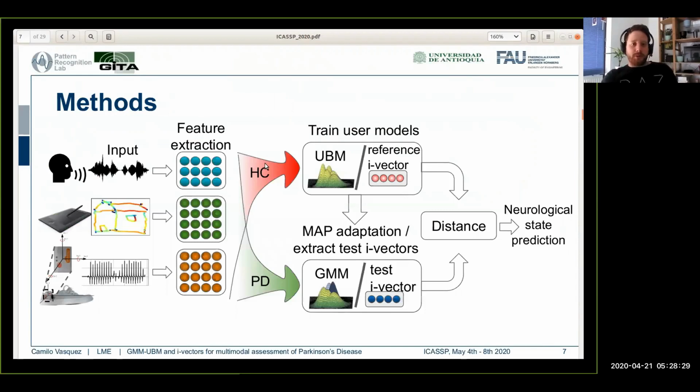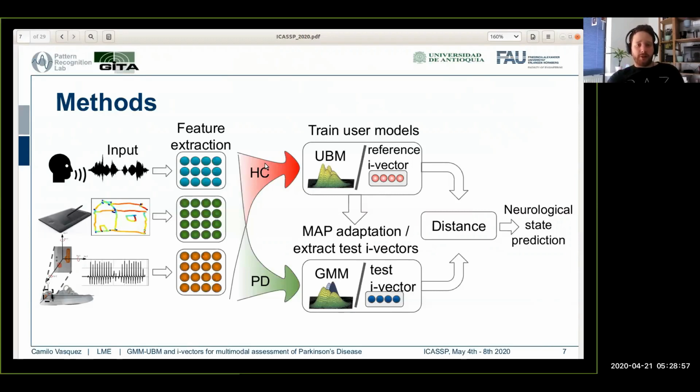The method proposed here is summarized in the figure. Different features can be obtained from speech, handwriting, or gait signals. Then, data from healthy control subjects are used to train user models based on GMM and I-Vector systems. For the case of the GMM-UBM, data from patients were used to adapt the UBM into GMMs, creating a specific GMM for each patient.